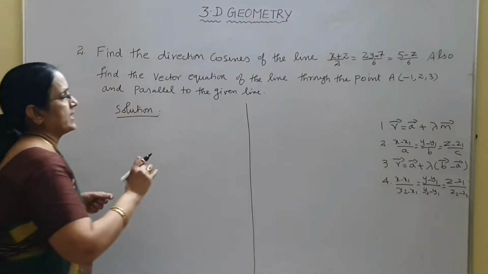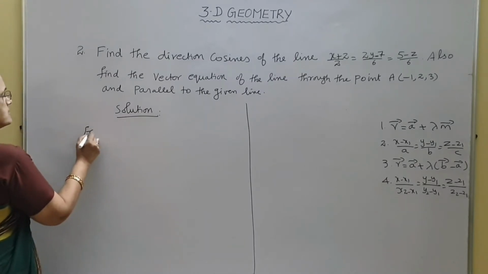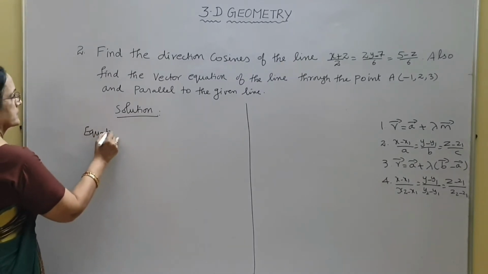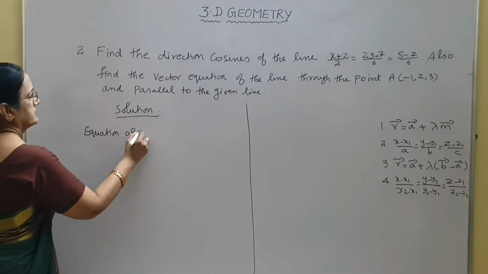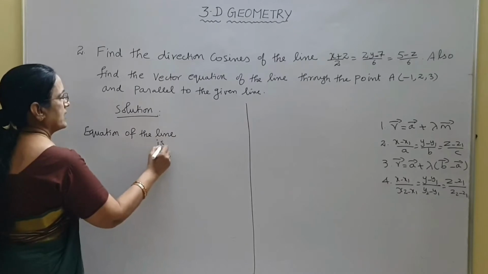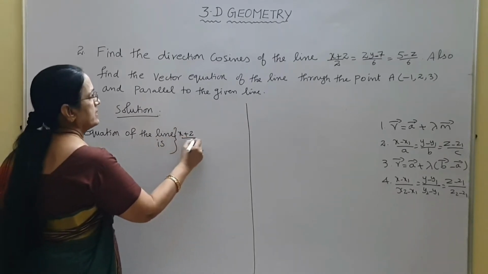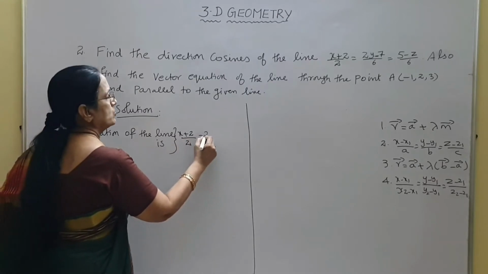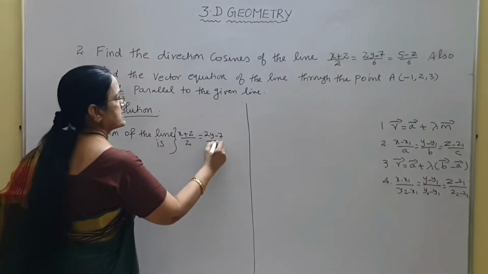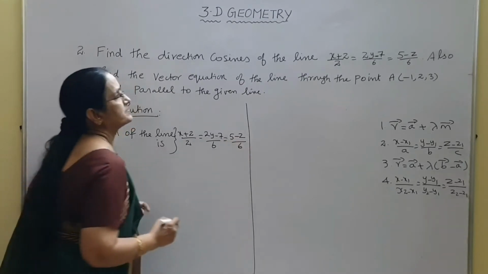First, let me write the equation of the line here. Equation of the line is (x + 2)/2 = (2y - 7)/6 = (5 - z)/6.